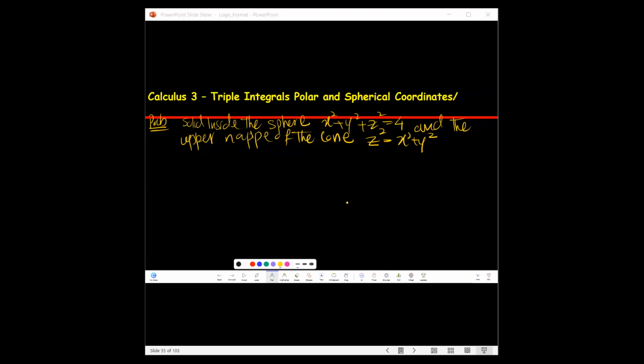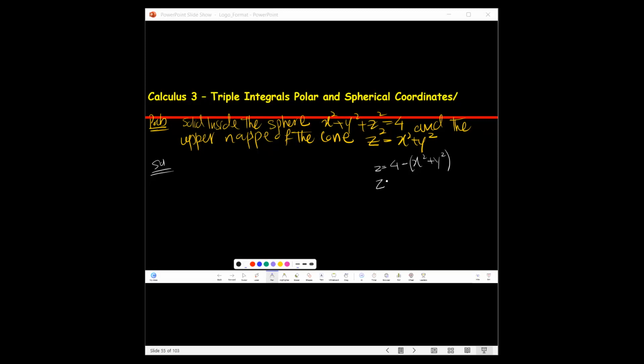So here our r on the bottom is 4. If I'm going to be writing here, I can write this equation.